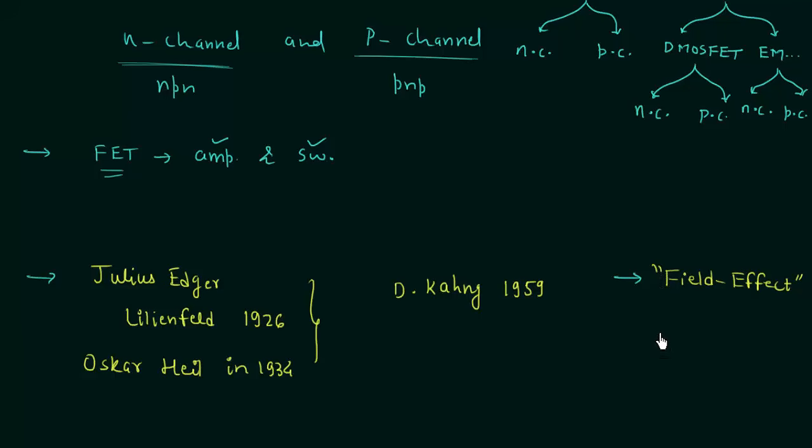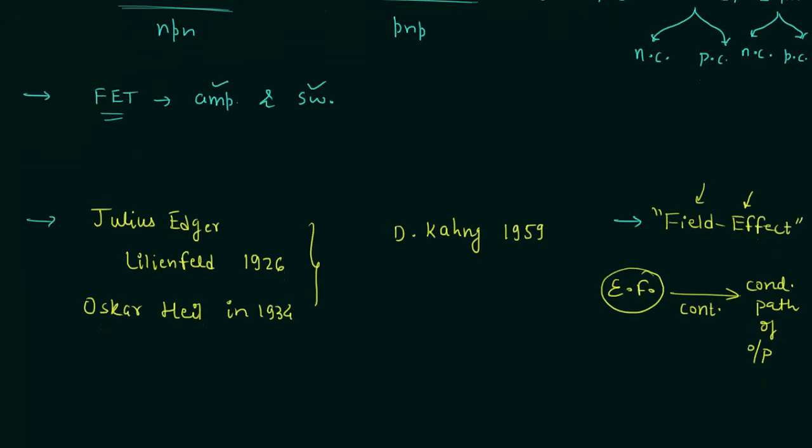In case of field effect transistors, an electric field is developed by the charges present, and this electric field controls the conduction path of the output circuit. So there is an effect due to electric field, and because of this reason we call the device field effect transistor.